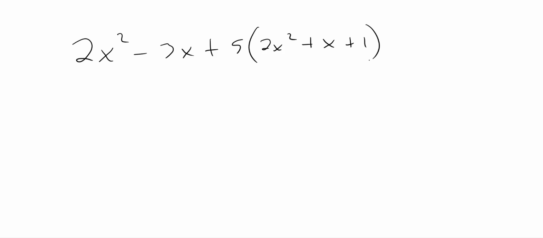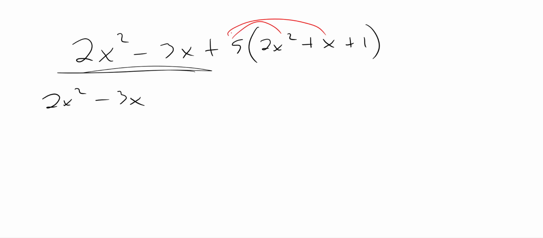Okay, so do you guys see there's nothing to distribute here, right? And so I'm just going to write a 2x squared here minus 3x. And now I'm going to distribute that 5 to both of those terms. So it's going to be 5 times 2 is 10, so plus 10x squared. 5 times x is plus 5x. And 5 times 1 is plus 5. So that's 5 distributed to everything.